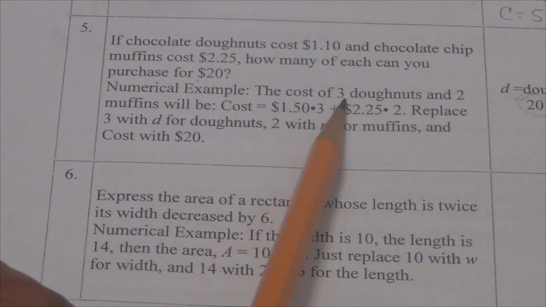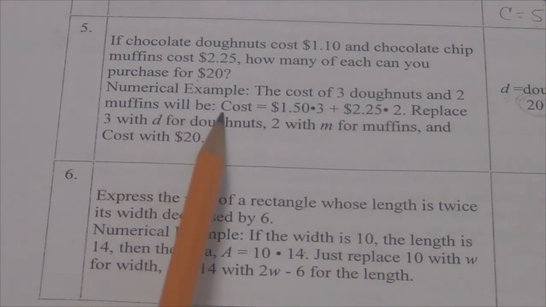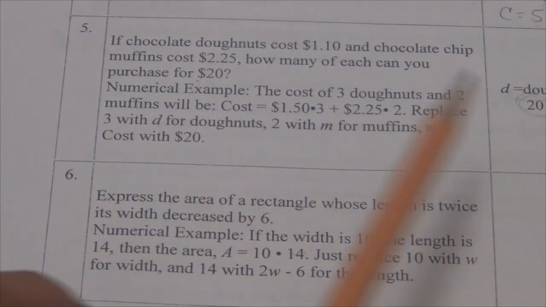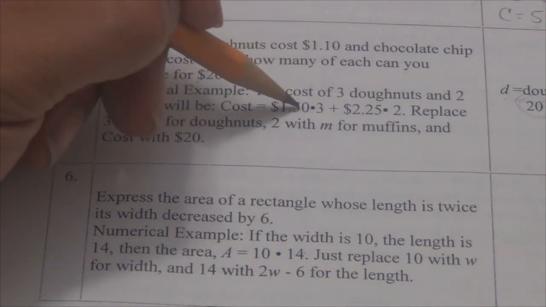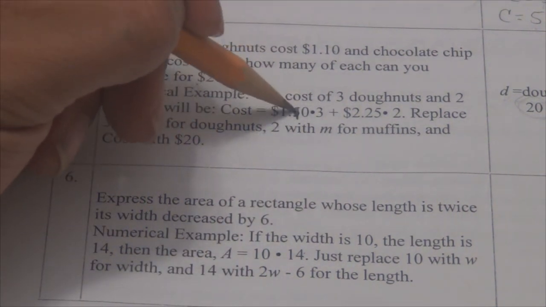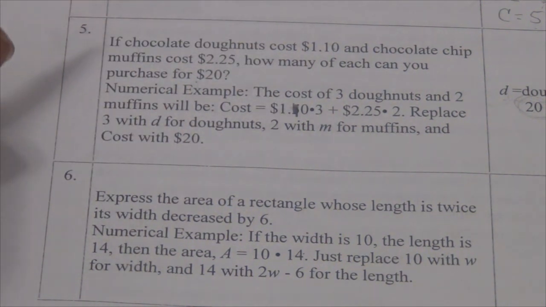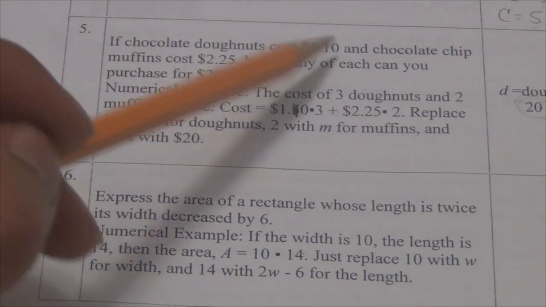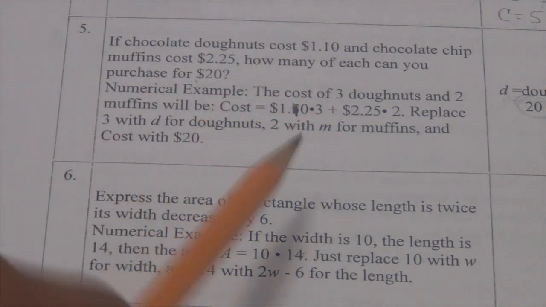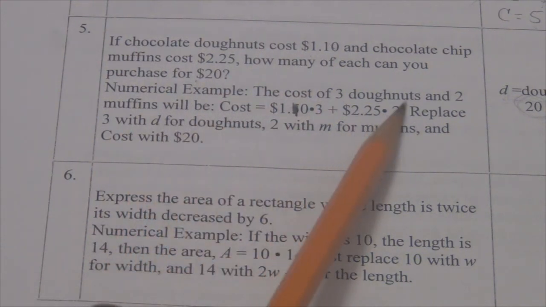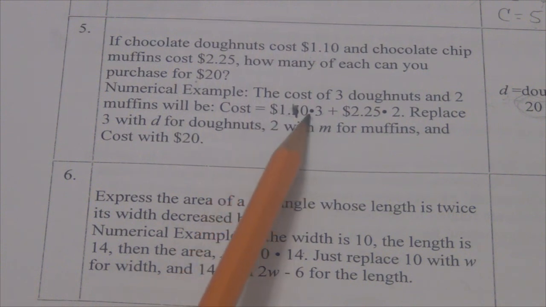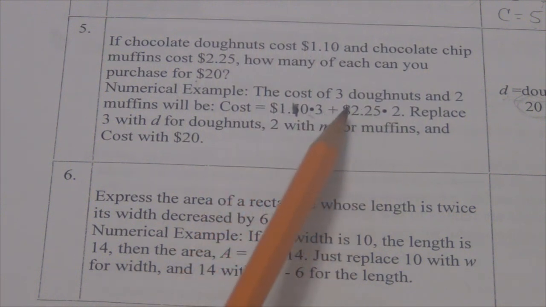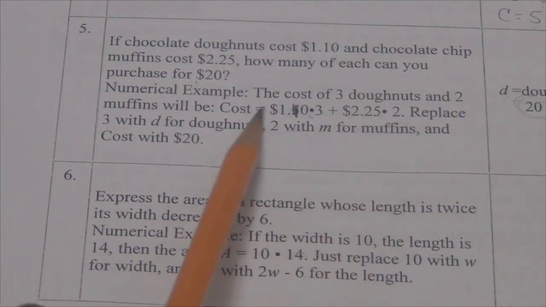numerical example, the cost of 3 donuts and 2 muffins will be what? Well, why does it say $1.50 here? You see, I'm getting crazy with this. At the beginning it says $1.10, so we're gonna keep it as $1.10. I don't know if the typo was $1.10 or $1.50, but it doesn't matter. So we have 3 donuts at $1.10 and we have 2 muffins at $2.25.